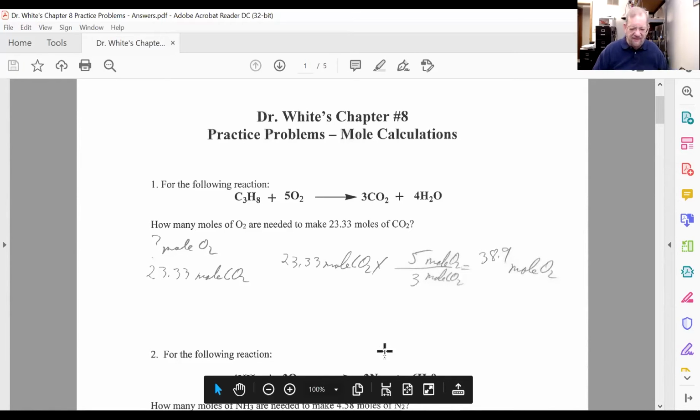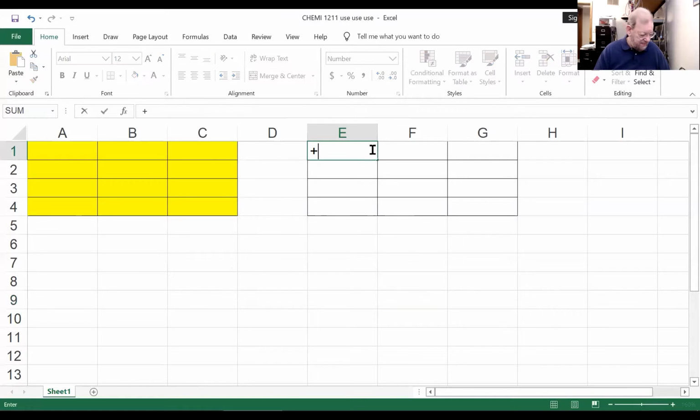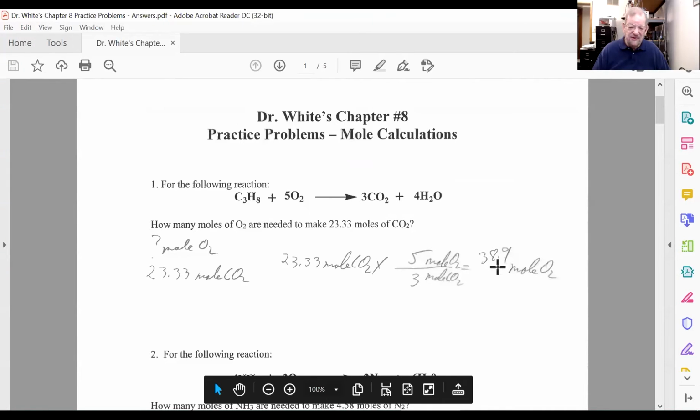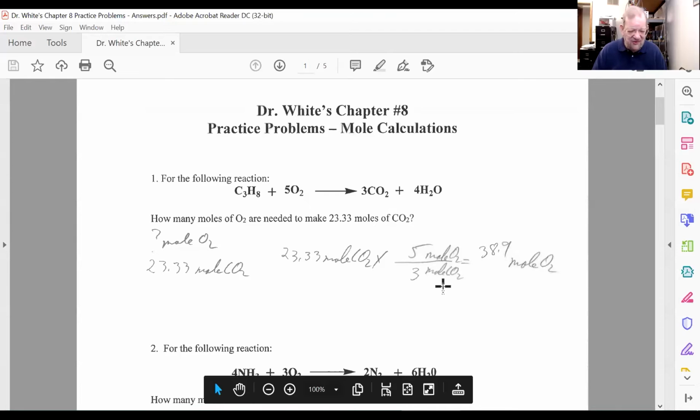And if we go to our spreadsheet, the right answer should be 38.88, which is not the right answer I have. Bad, Dr. White. That should be 38.88, not this. And well, I make mistakes too.